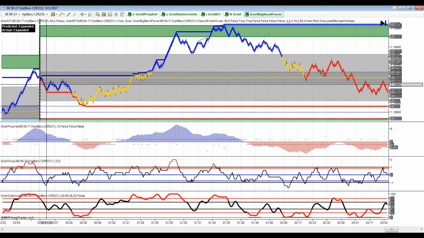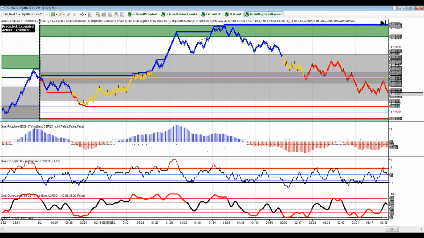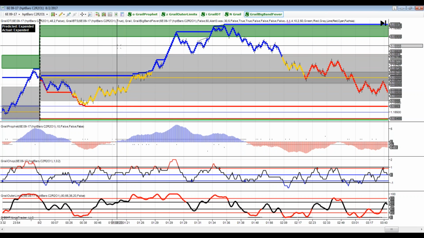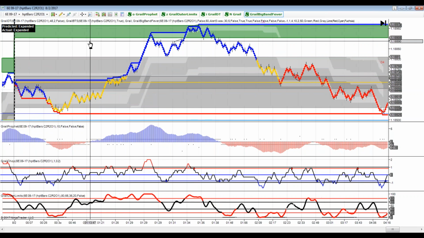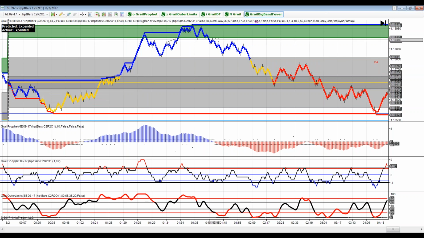We go short, back into the gray area, close up, take it out. Some of you may be real aggressive traders and go long up in here. I'm not advocating that right now, but I trade that way. I can guarantee you that in the first few hours, that's what I do. But all right, as we came back up through, it's long. We came up into the number one band.